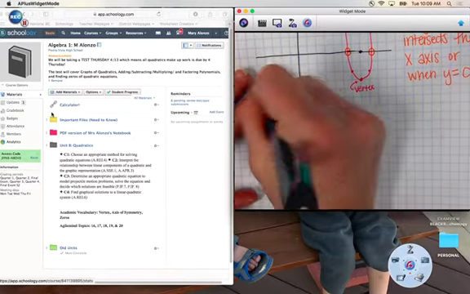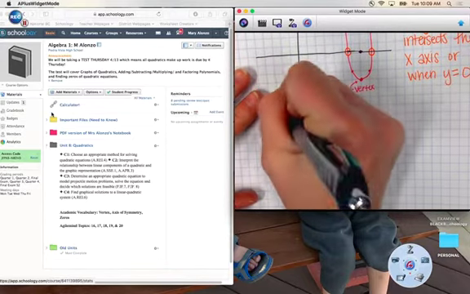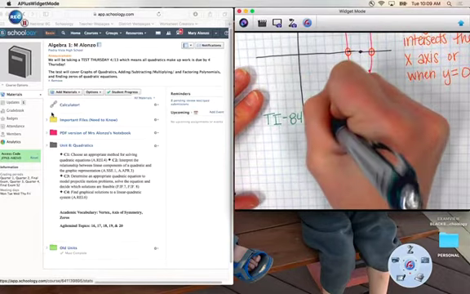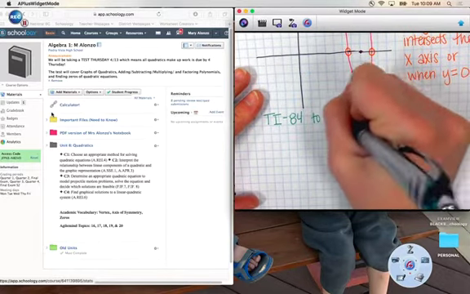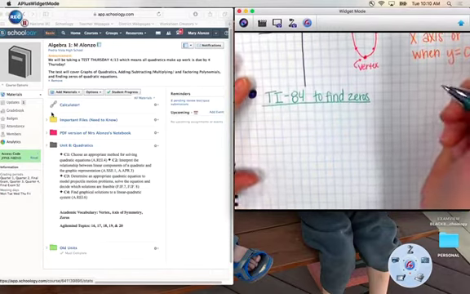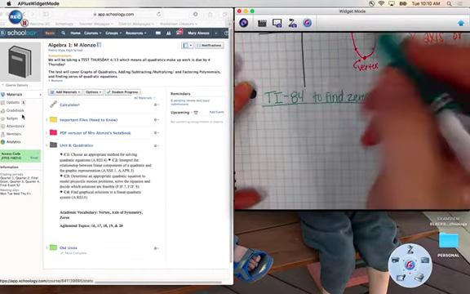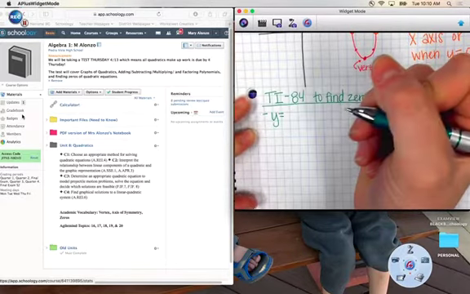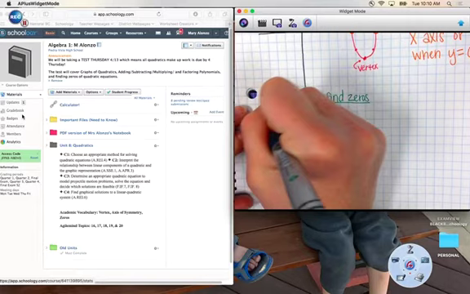So the TI-84 to find zeros: you will hit the Y equals button on your calculator. You're going to hit the graph button.